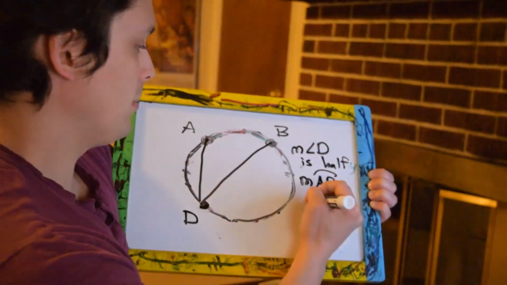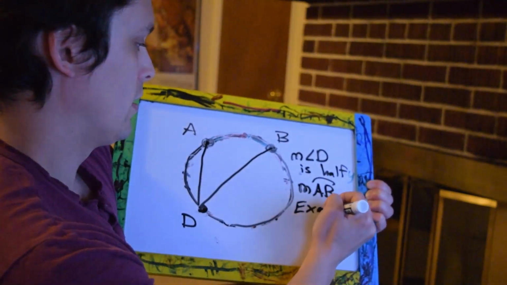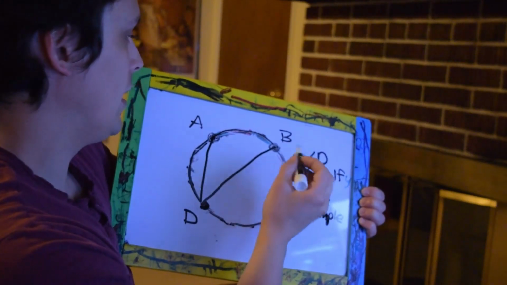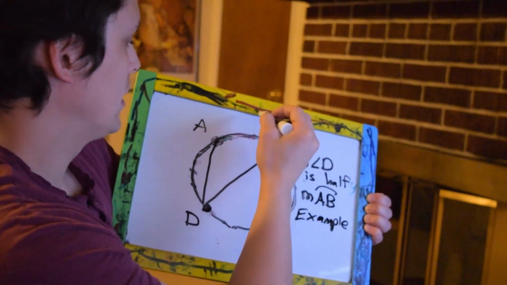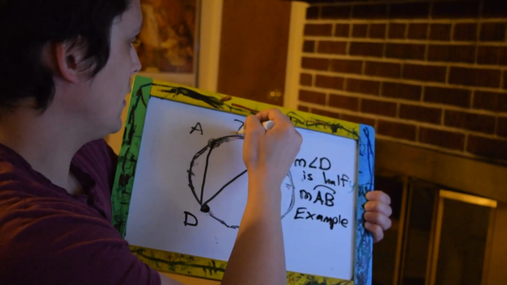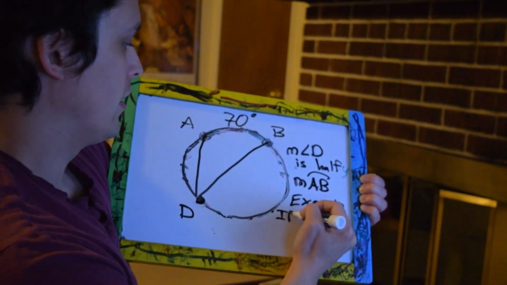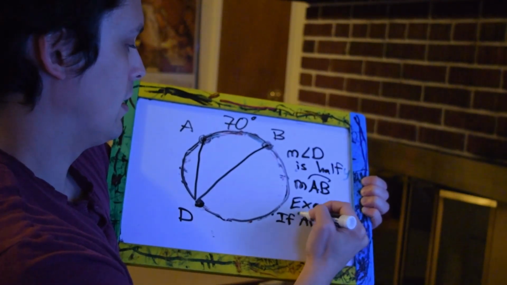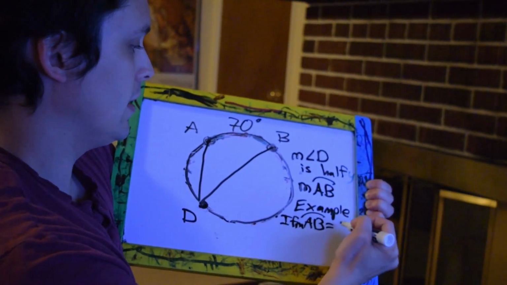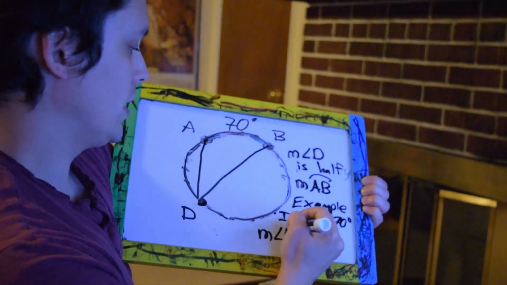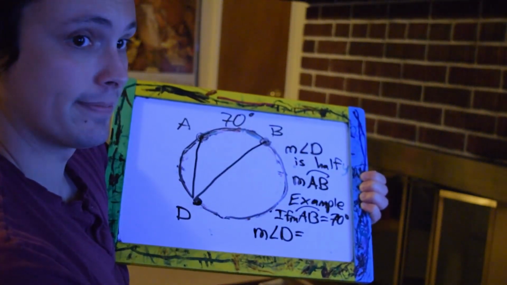So, for example, if we knew that the measure of arc AB equals 70 degrees, then the measure of angle D would equal what?